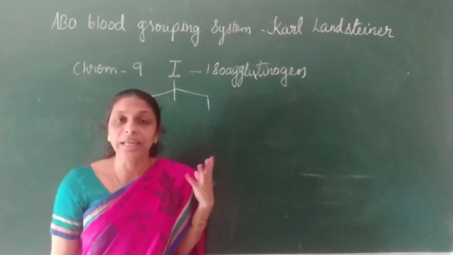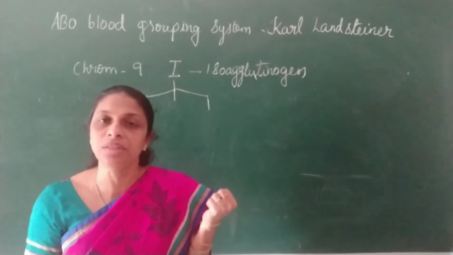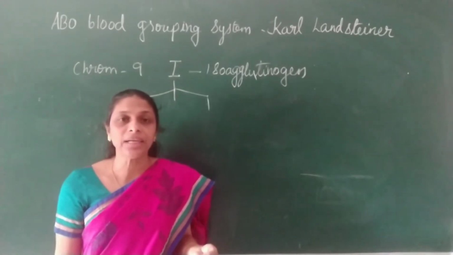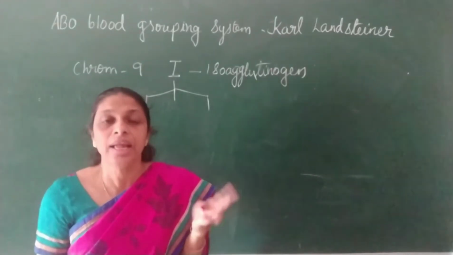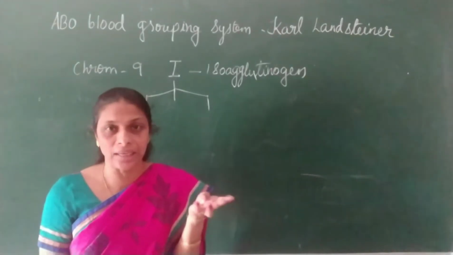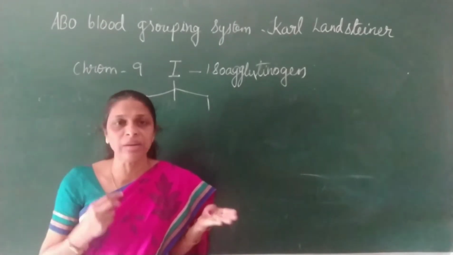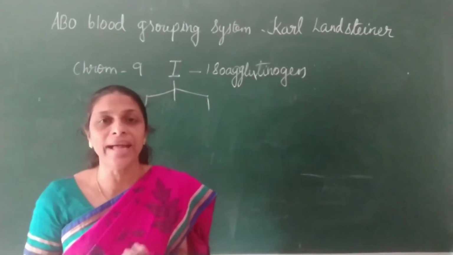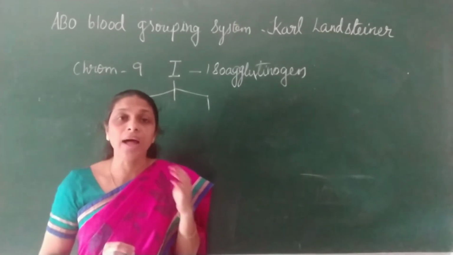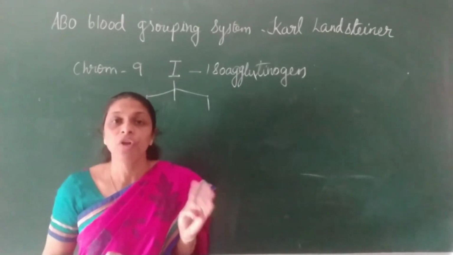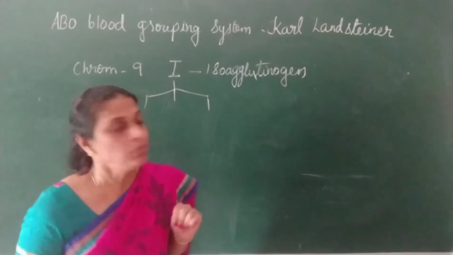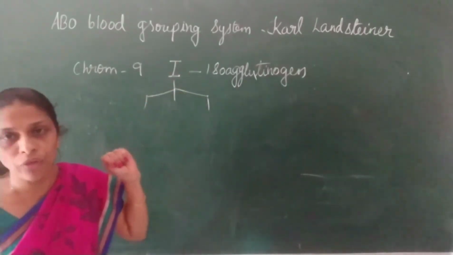When we studied the pea plant characters, we found that every character has 2 contrasting traits and 2 alleles. So what are alleles? Alleles are slightly different forms of the same gene. Normally a gene has 2 alleles, but there are certain genes which have more than 2 alleles. So this gene is an example for that.